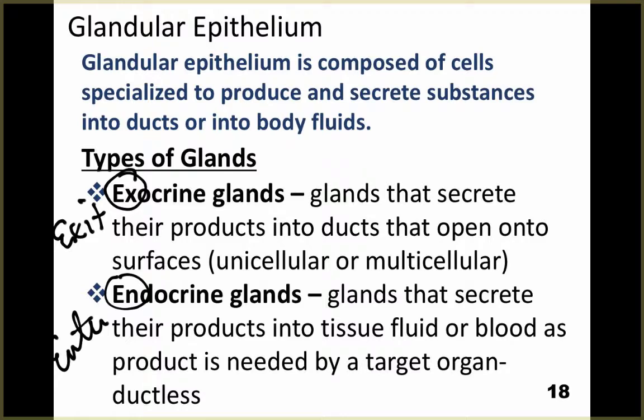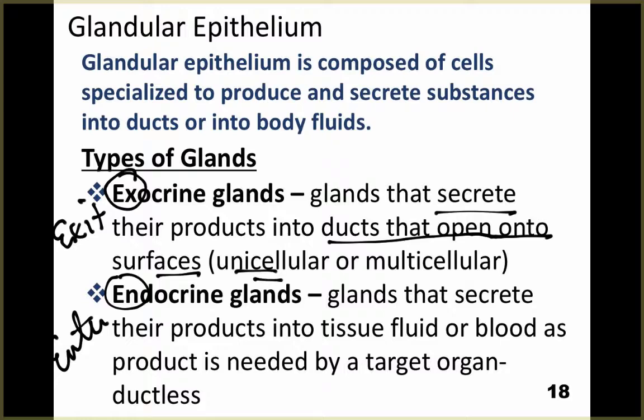So exocrine glands secrete their products into ducts that open onto the surface, right? Or to the outside. Outside doesn't necessarily mean outside the body. It just has to be apical and go into maybe a cavity or something in the body.